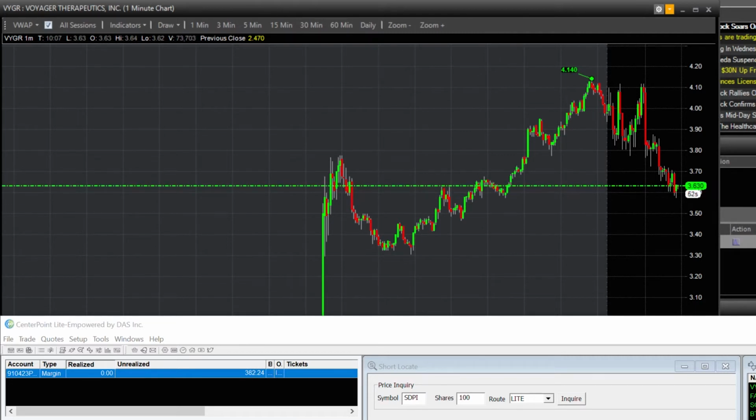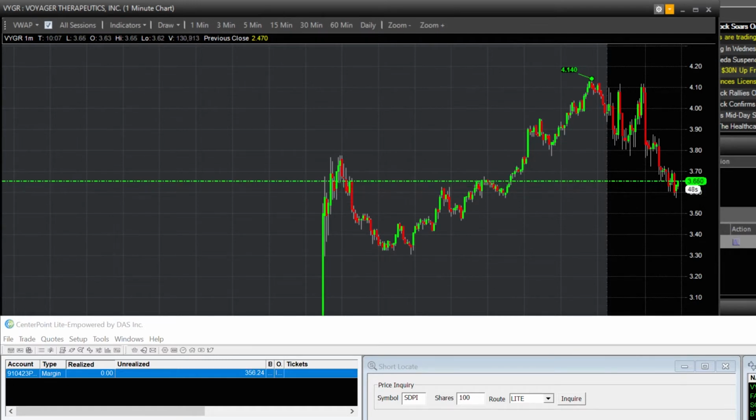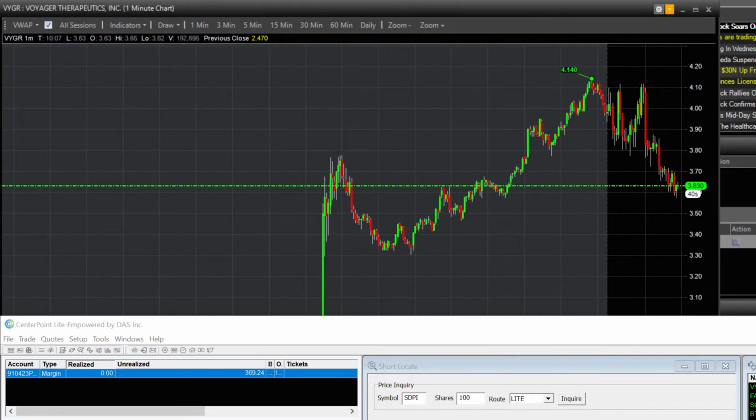But there's really no volume, nothing in the OTCs or pink sheets. And definitely I'm not looking at the overall market, because the S&P 500 index, SPY, NASDAQ, I don't really care what happens with them, because all of these stocks that I'm trading don't really correlate with the overall market.